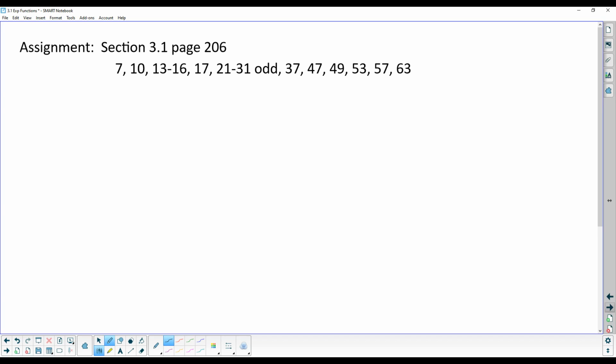Did I give one to everybody? It's 7 and 10. 13 through 16 is just matching. Was it a lot of work?